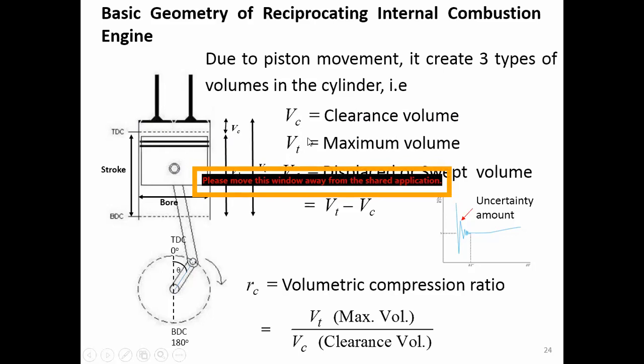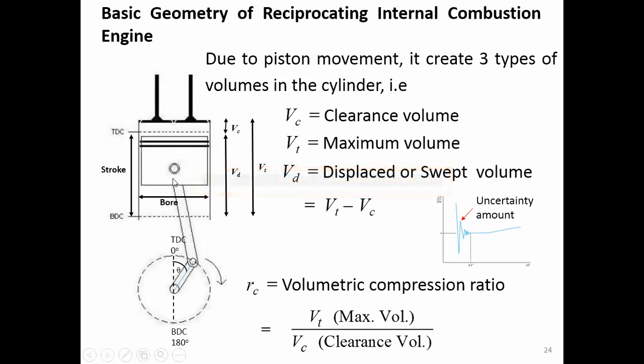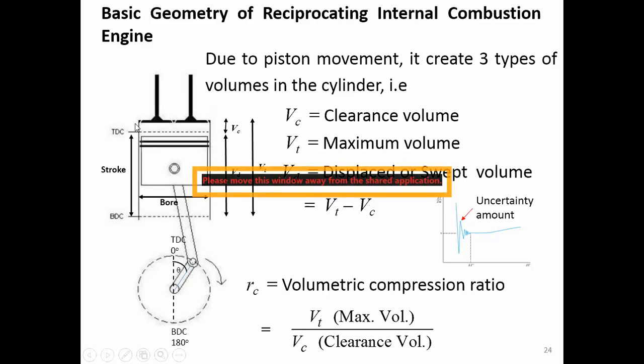Okay, and then we have VT. VT is the maximum volume, the maximum volume of the cylinder. We don't concern about the motion of the piston. We only concern the geometry of the cylinder, how big it is, and use this geometry to calculate the maximum volume.